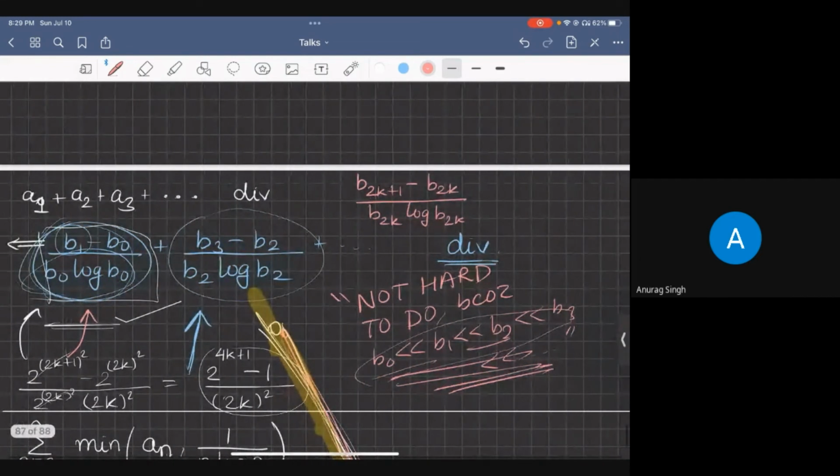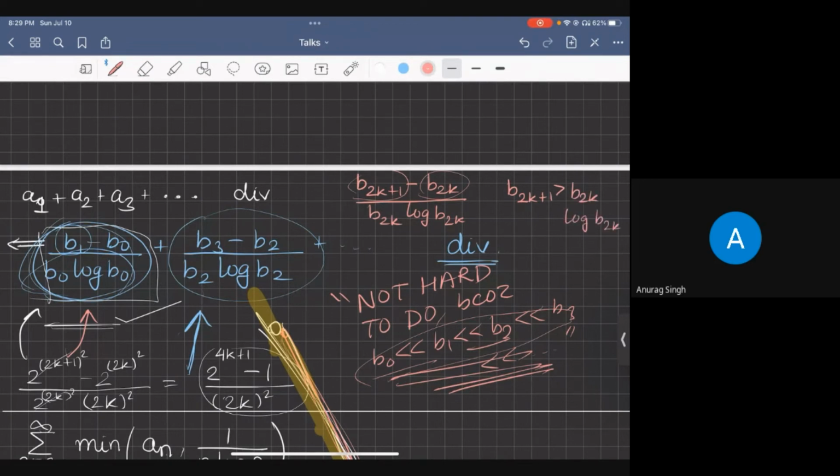First of all, if B2k+1 is at least double B2k, then I can write this as more than... okay, no, let's not think of it in that way. So it suffices for B2k+1 to be more than B2k log B2k, right?